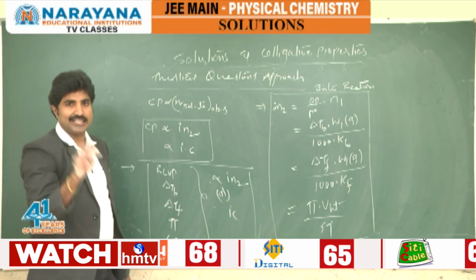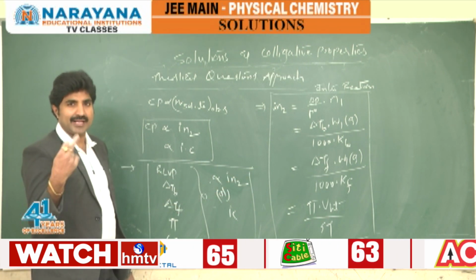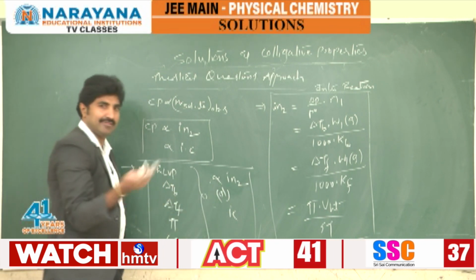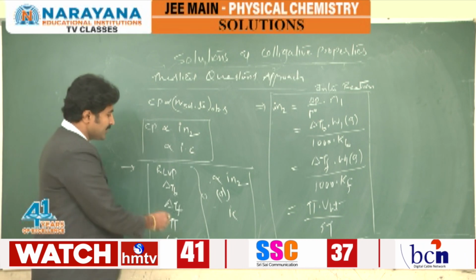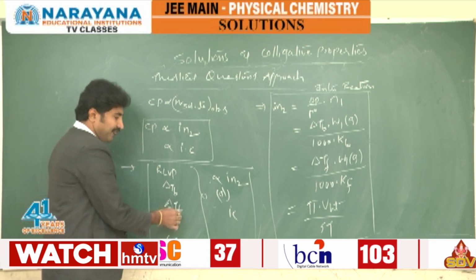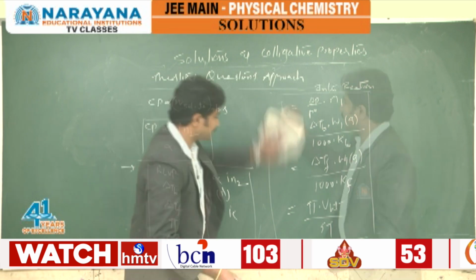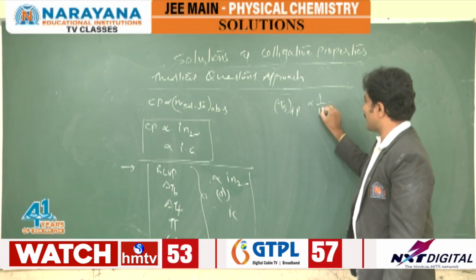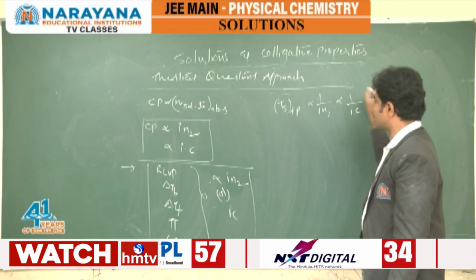So suppose I give 3 solutions. Which of the following has the highest boiling point? Then whichever has more iC value has more boiling point. Suppose if delta TF is more, TS of freezing point is inversely proportional to iN2 or inversely proportional to iC.